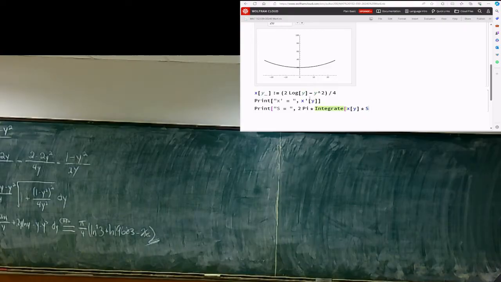Times the square root of 1 plus x prime of y squared, right? With respect to y, and we go what, 1 to 3? So I don't actually have to worry about typing in the derivative by hand.